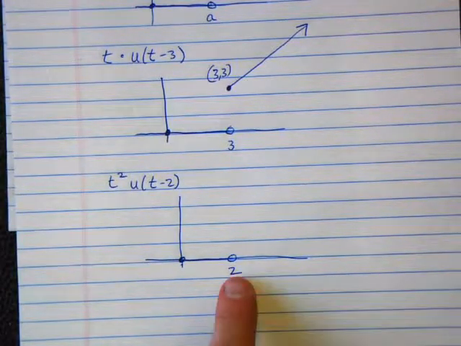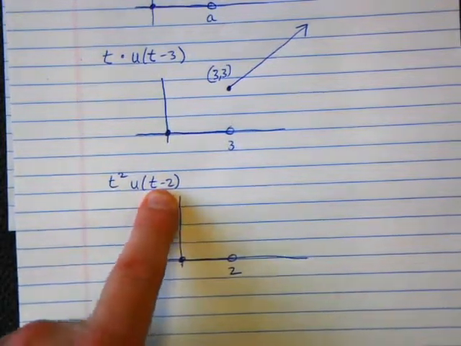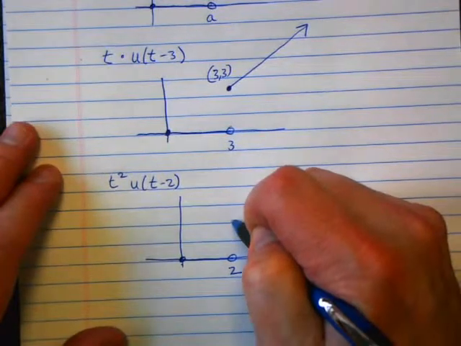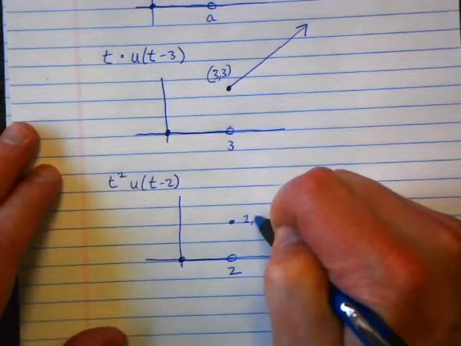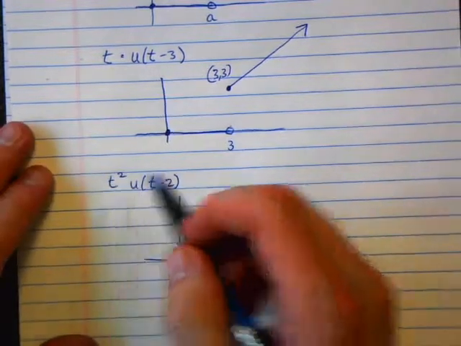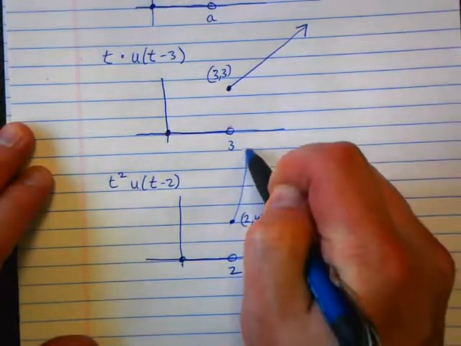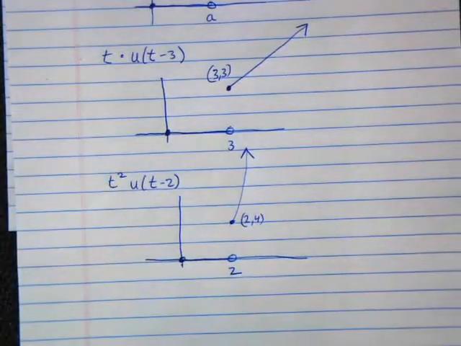And then at 2, when I plug 2 in, I'm going to get 4 times 1. 4 times 1 is 4. So that's the point (2, 4). And then what's it look like from there? It looks like the parabola t squared. So the parabola t squared goes kind of like this. So it would hit here. You'd have a little chunk of a parabola there.